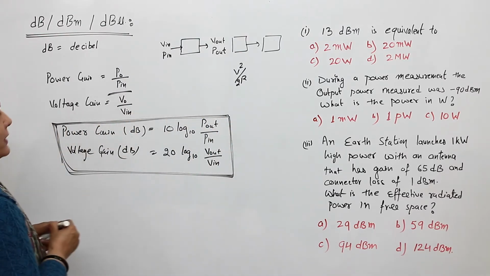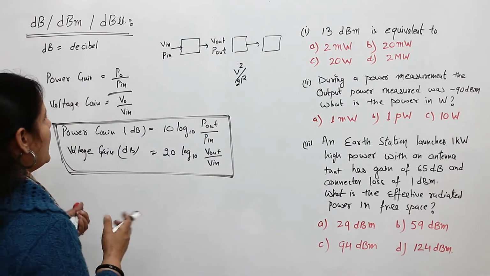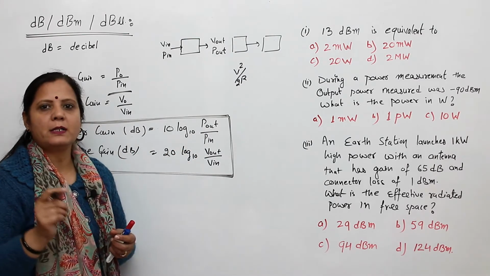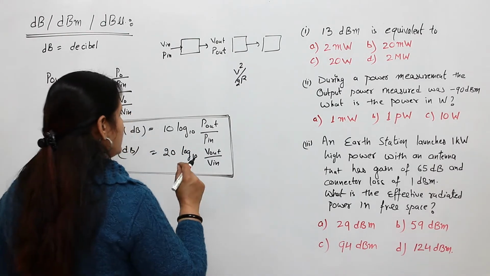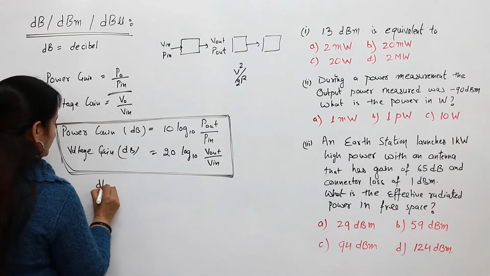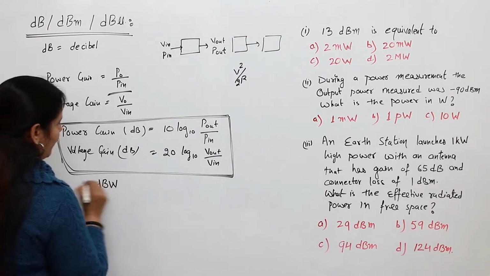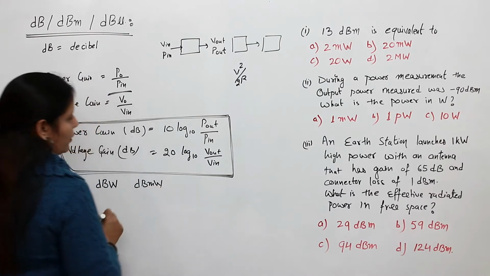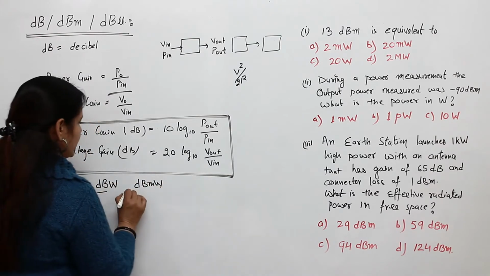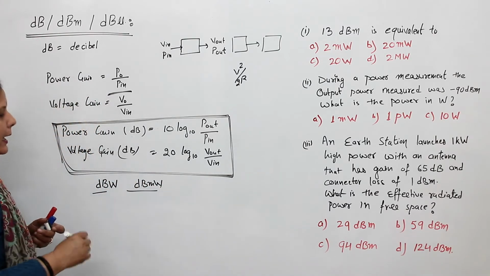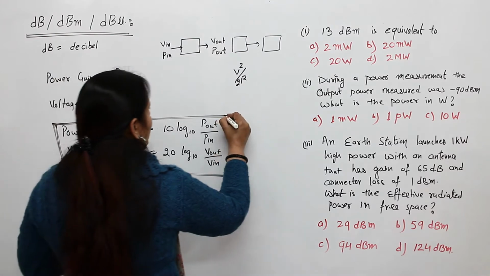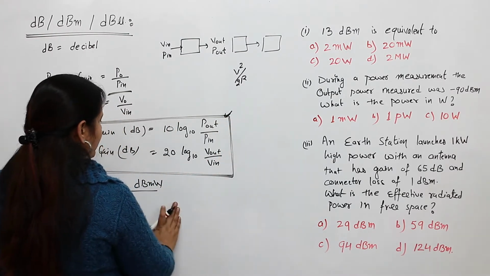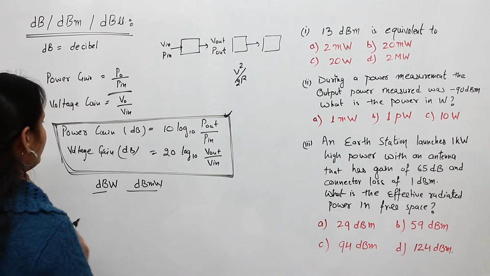In the case of communication, you will also find the power level description in the form of dB watt or dBm. What do these terms mean, and what conclusions you can find with the given parameters is explained in this video.